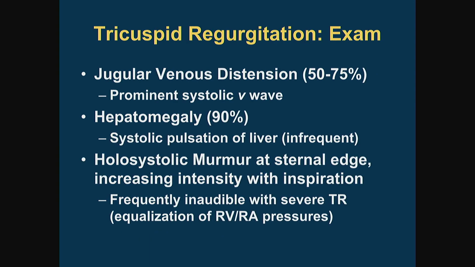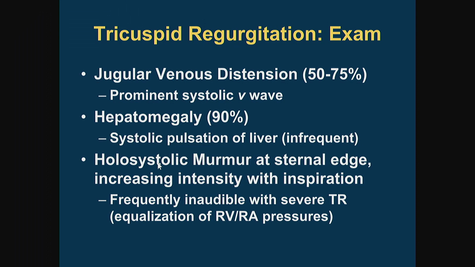On physical examination, the vast majority of patients with tricuspid regurgitation have visible distension of the jugular veins. The morphology of the jugular venous waveform is also important, and in patients with severe TR, there should be a prominent V wave that tracks with systole that indicates the change in pressure in the right atrium with regurgitant volume. 90% of patients with significant tricuspid regurgitation have some degree of hepatomegaly that should be discernible on exam.